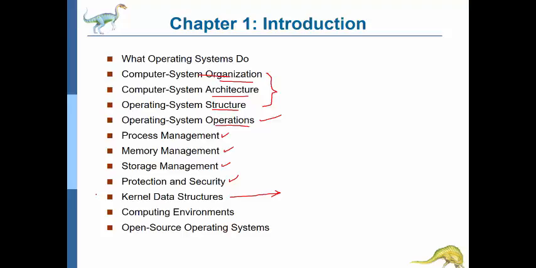The kernel is the core set of programs that is common in most Linux operating systems: Android, your iPhone OS X or Mac OS, and any distributions of Linux operating systems all have the same kernel. BSD too. Well, BSD is the first generation. And computing environments and open source operating systems.